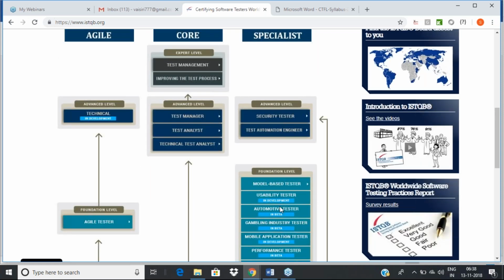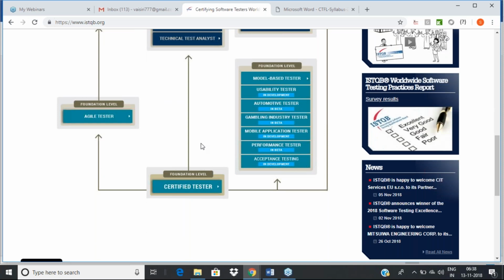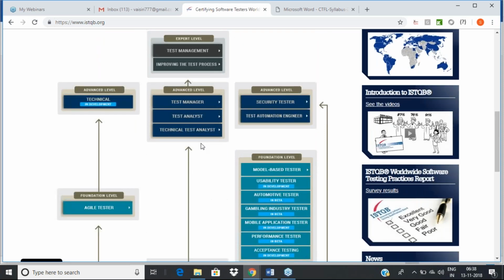Whereas this foundational level has existed for a while, almost 16 years. Then after agile, you can even go into advanced level. In advanced level, the technical side is still in development. Advanced level test manager, test analyst, and technical test analyst have been there for a while. Advanced level security tester and test automation engineer are also there.